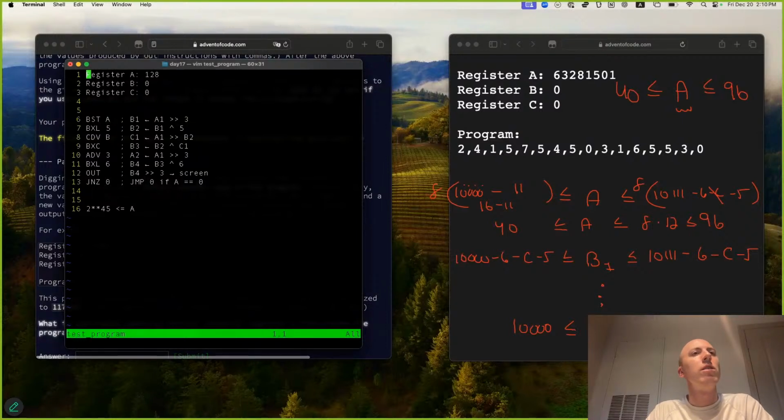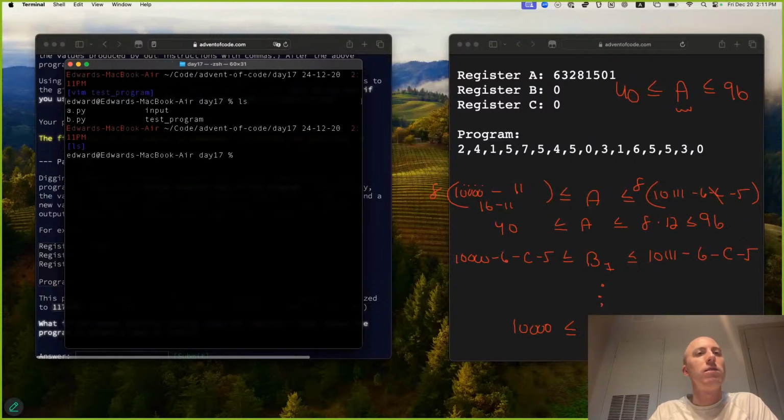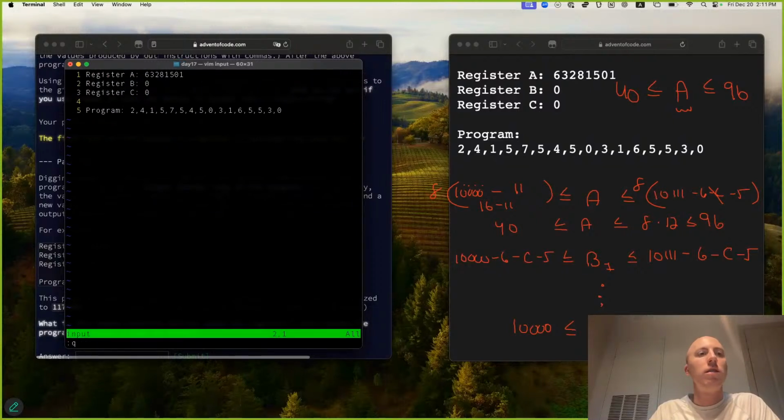We're conjecturing. So if we set A to 40, C is 0, and let's just do it. Let's see. Yeah, the input.